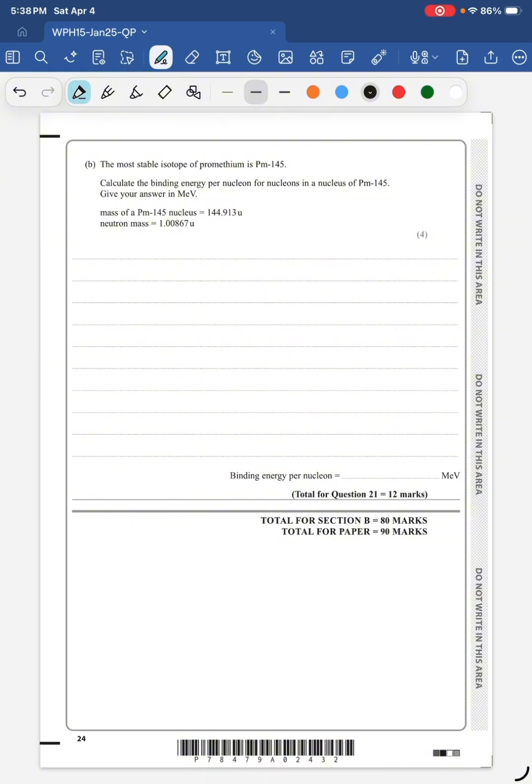All right, so the binding energy, this is where we will start, is Z times the mass of the proton plus N times the mass of the neutrons minus the mass of promethium in this case, times c squared. All right, so let's write down numbers. The Z for promethium is 61.